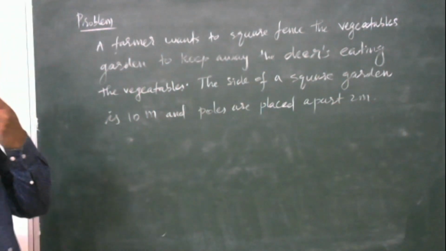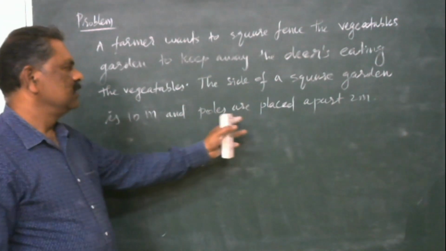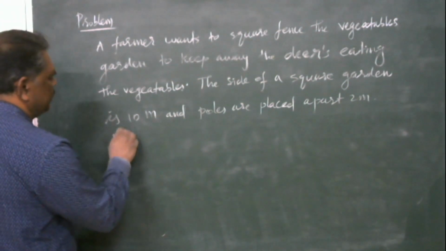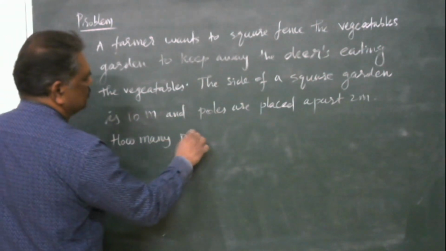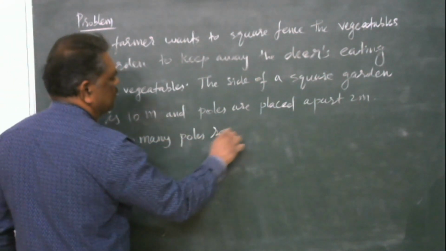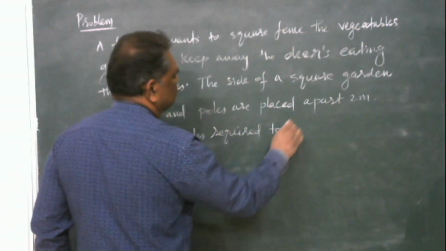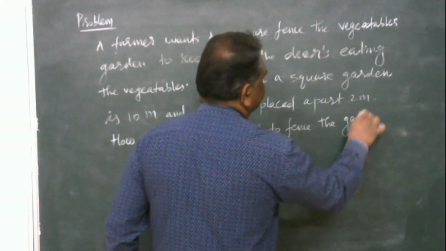To fence the vegetable garden, we need to place the poles 2 meters apart. Then how many poles are required to fence the garden?